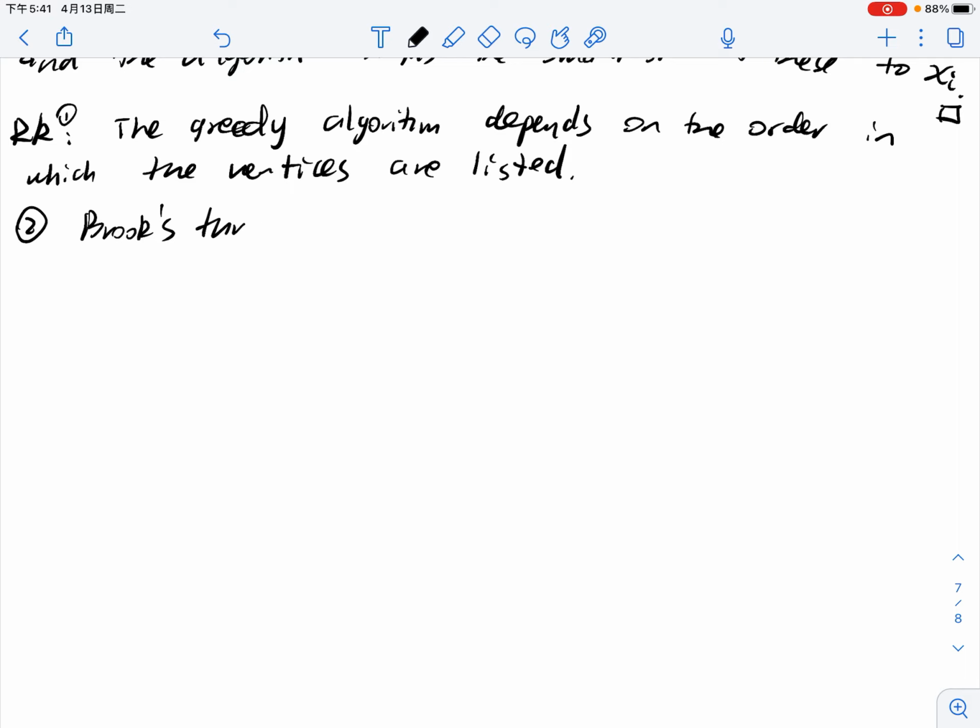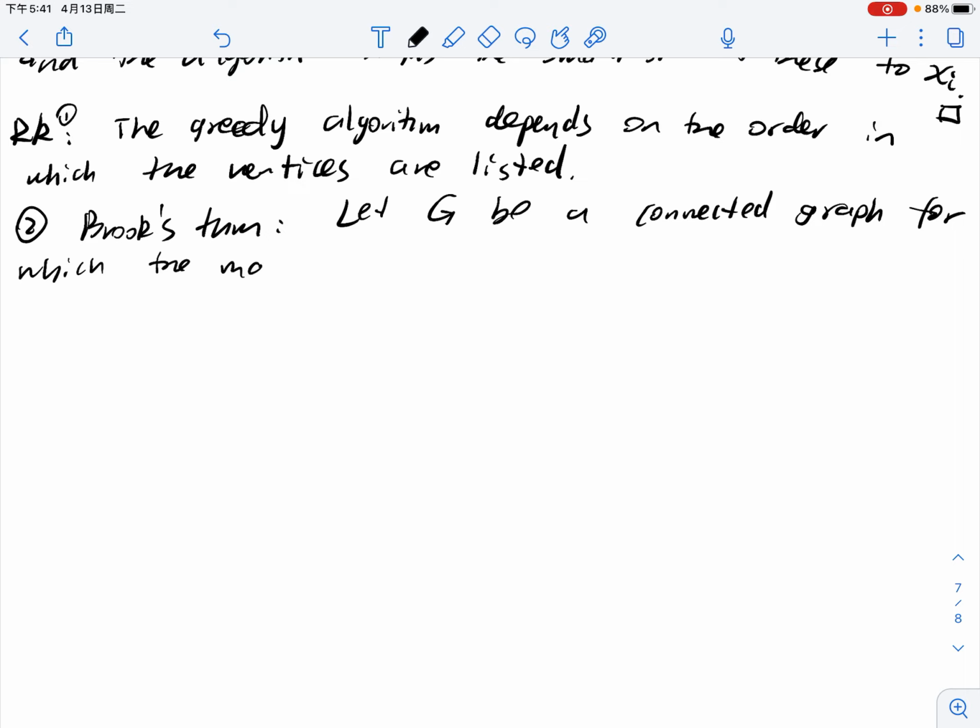So Brooks' theorem: let G be a connected graph for which the maximum degree of a vertex is delta.